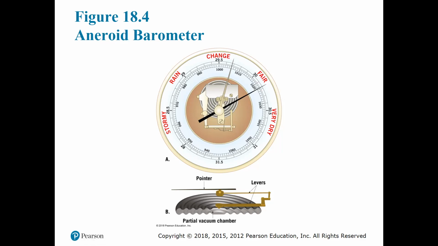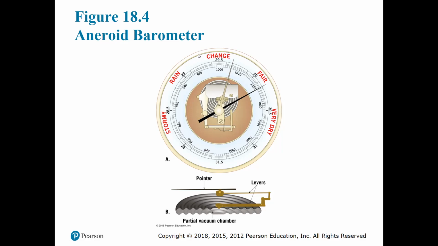Because the change in air pressure is much more important than just knowing what the exact air pressure is at a given point in time. Falling pressure, as you learned from the video, is more associated with storms, and a higher or rising air pressure typically indicates that conditions are going to be clearing and we're in for good weather.